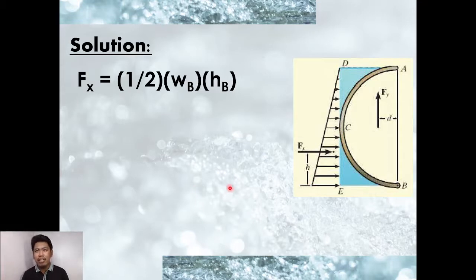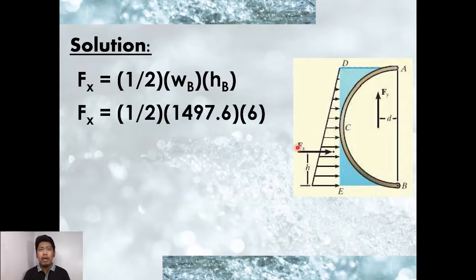Base is the WB, yung pressure nandito, then yung height ay H sub B, yung diameter ng semicircular. So, 1/2 WB multiplied by H sub B. Substitute, 1/2 multiplied by 1497.6 multiplied by 6.